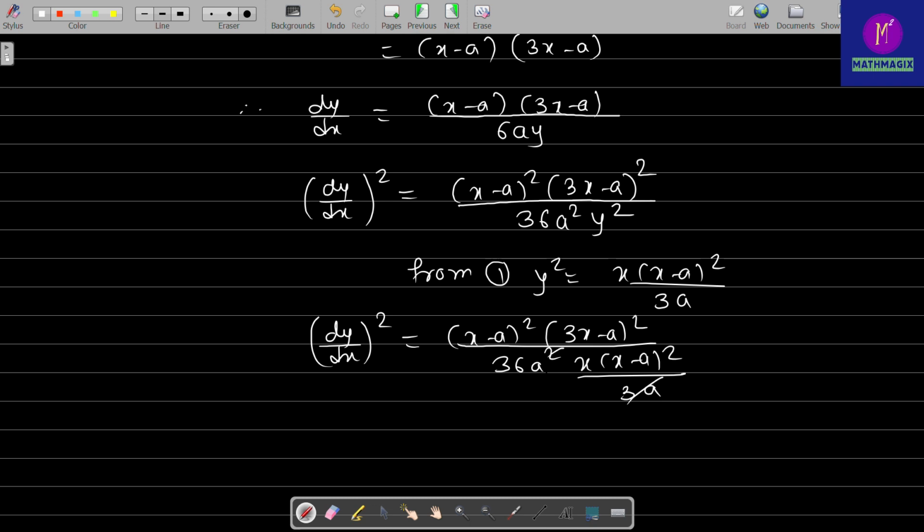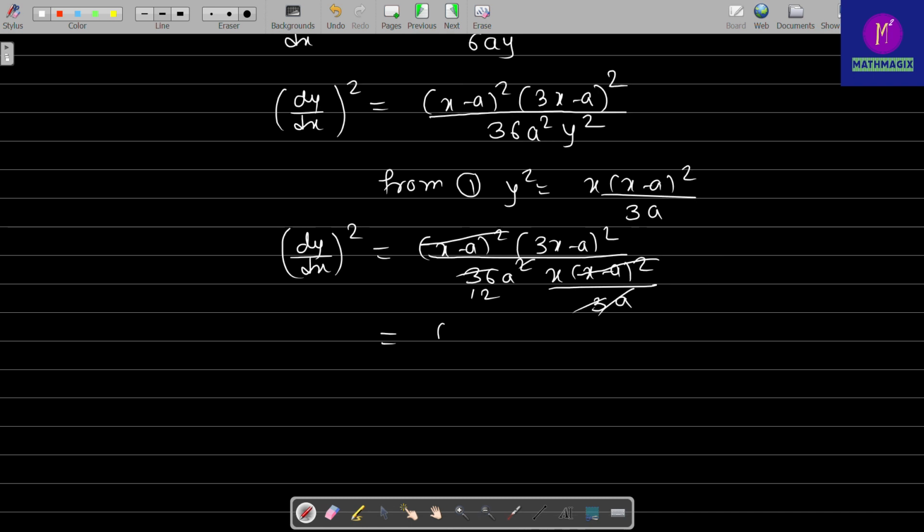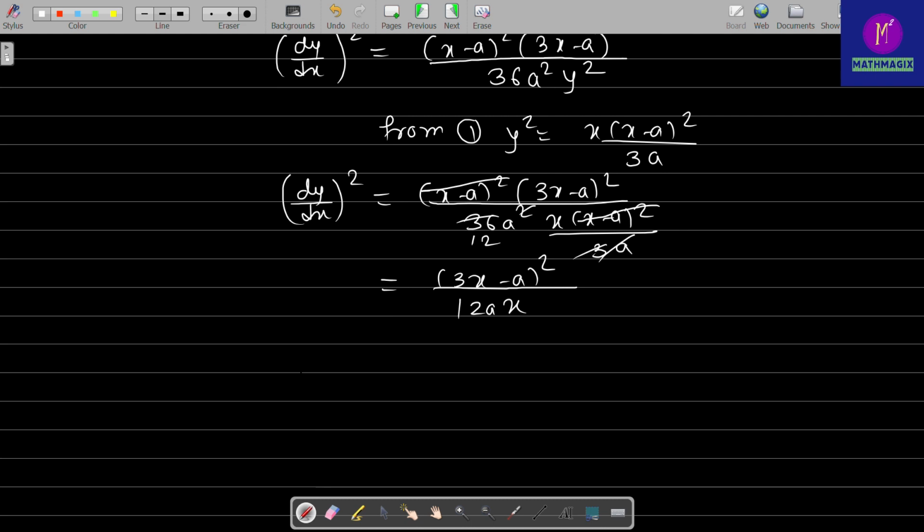This a gets cancelled out, (x minus a) square gets cancelled out, and here I'll get 12. This is equal to (3x minus a) square divided by 12ax. So now let us find out 1 plus (dy by dx) the whole square, which is equal to 1 plus (3x minus a) square divided by 12ax.